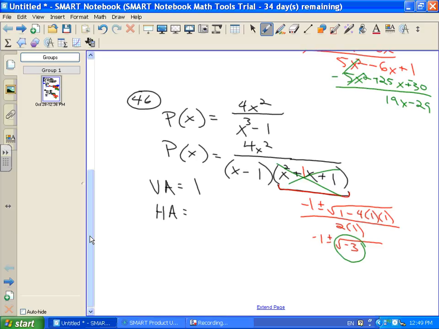This one's going to stay relatively small. So when I have a relatively small number divided by a giant number, what is this one's horizontal asymptote? Anytime the higher power is in the bottom than the top, it's 0.